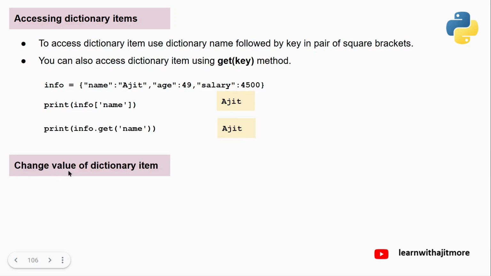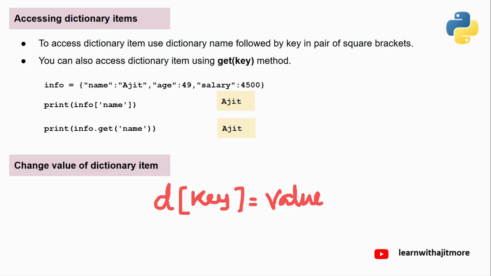Next, we will see how to change value of any dictionary item. You can change it just by writing dictionary object square bracket key equal to value. Just give the value.